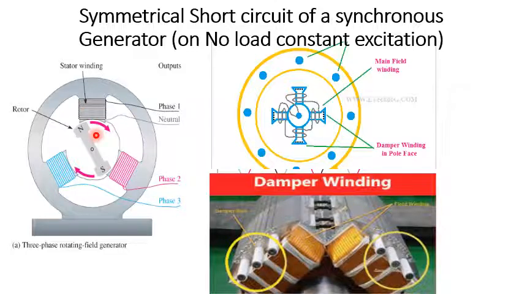Resulting in the magnetic field not inducing any voltages and currents in the field and damper windings. So this is what happens during normal operating conditions, and the effective reactance of the armature winding is not influenced by the field and damper windings.